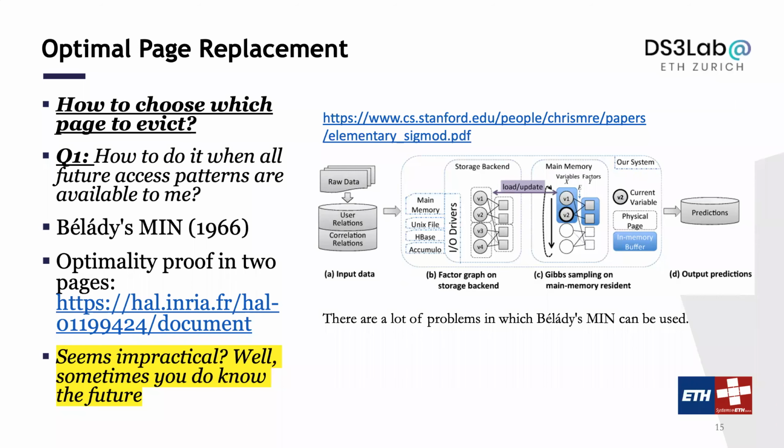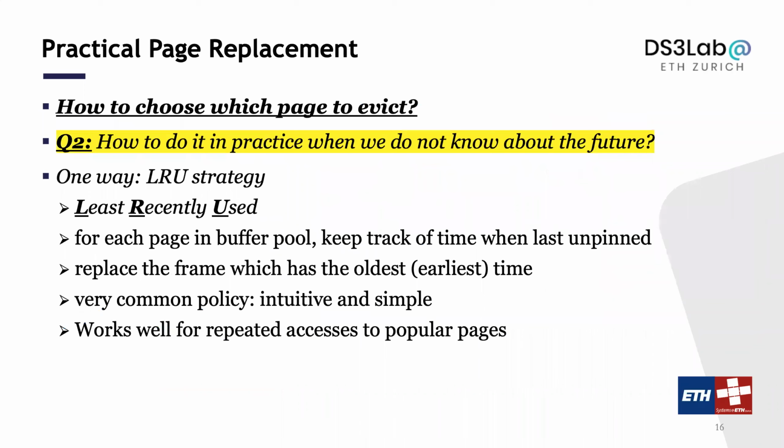So in this example, you do know which page I'm going to access in the future because the graph structure is fixed. So if you do this application, you can actually apply this optimal algorithm for buffer management. But in databases, it is often the case that we do not know about the future. We don't know what query the user is going to ask in the future. So in this case, what can we do? There are multiple ways that you can do this.